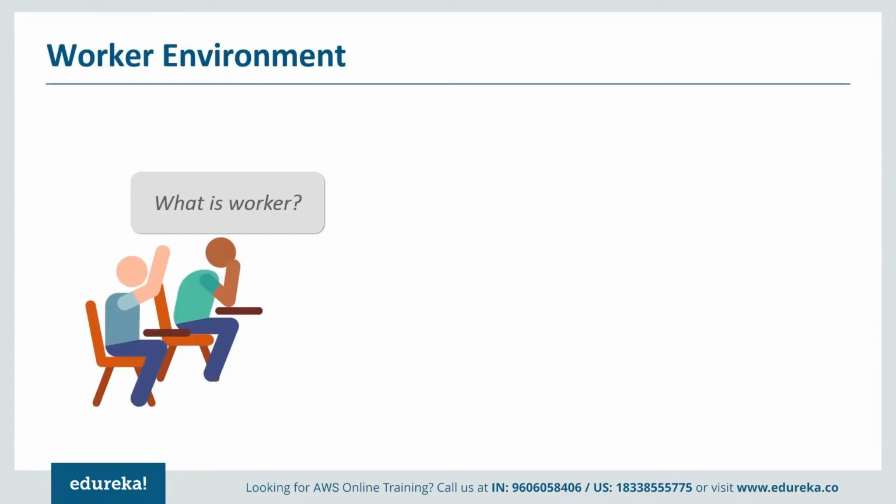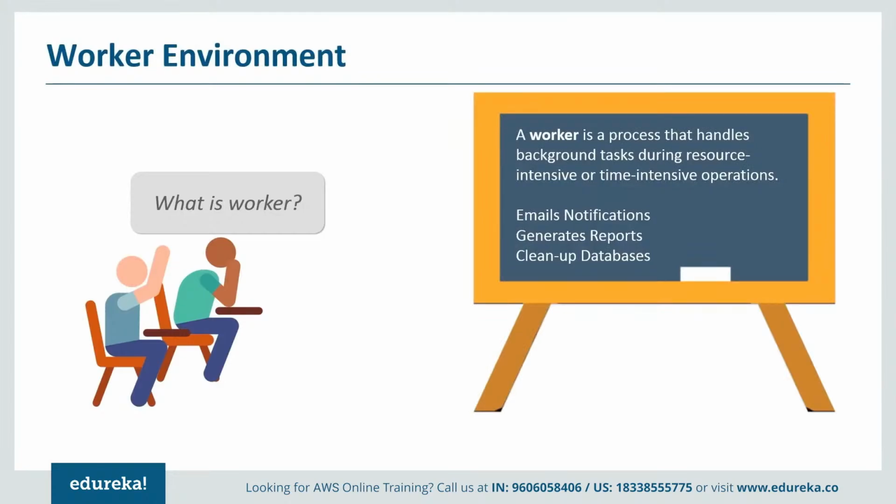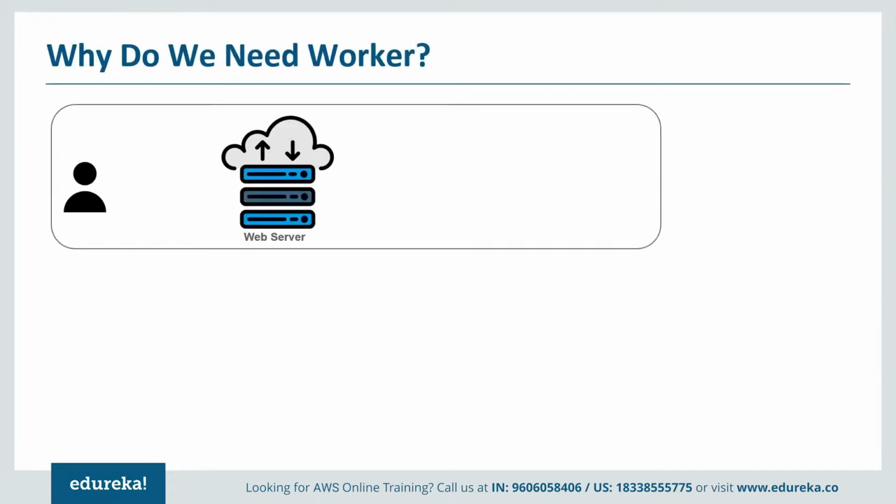This worker handles all these tasks on behalf of the web server. Basically, a worker is a process that handles background tasks which are time intensive and resource intensive. In addition, if you want, you can use a worker to send email notifications, generate metric reports, and clean up databases when needed.